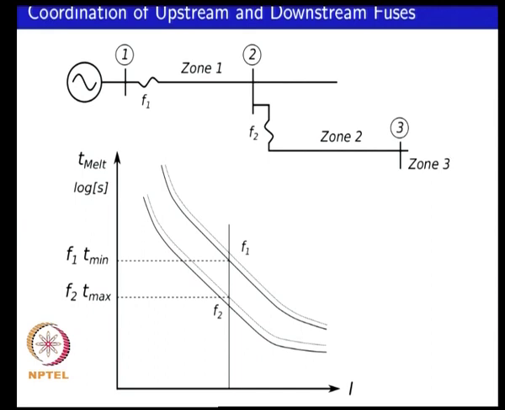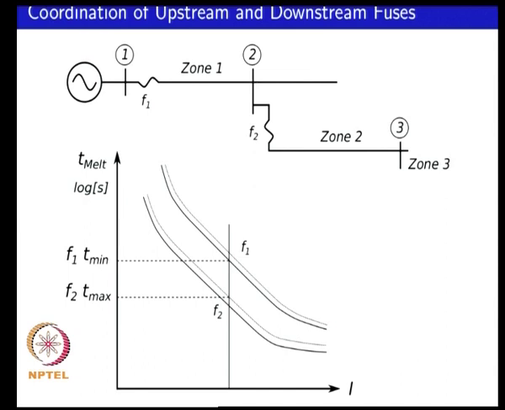Is it possible for one device to trip before the other device? So, many times software that do the coordination calculations can actually give plots of time versus current coordination curves, which also give you a visual feel of whether the coordination is happening over a range of conditions.